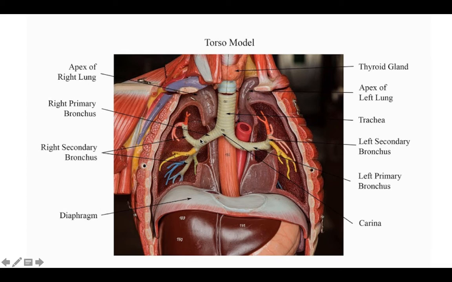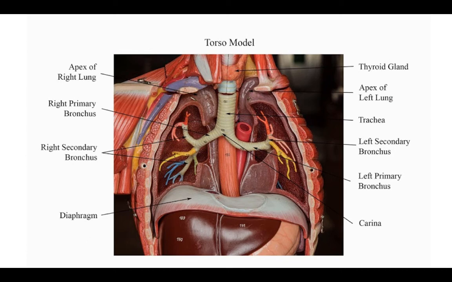Then each of these primary bronchi is going to branch into the secondary, or what we call the lobar bronchi. We call these the secondary bronchi, sometimes the lobar bronchi, because they're going to bring air into each lobe. They're going to supply each lobe of the lung.